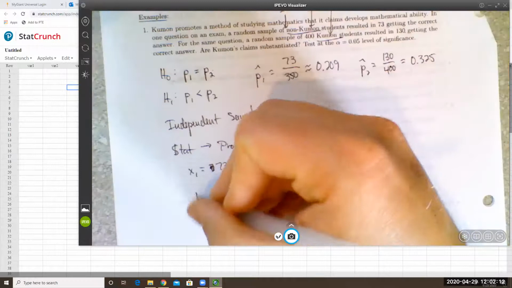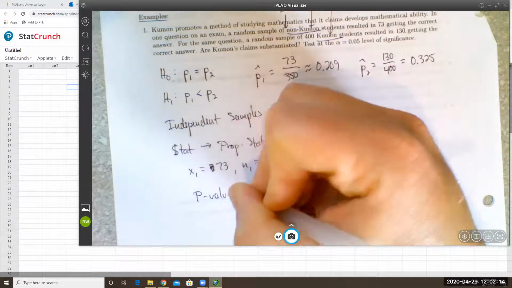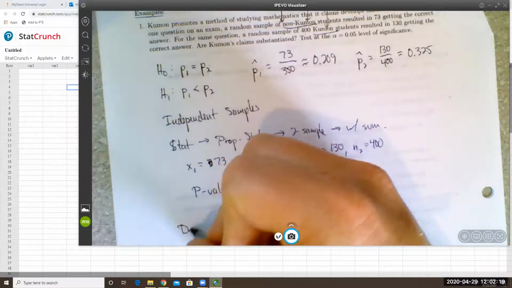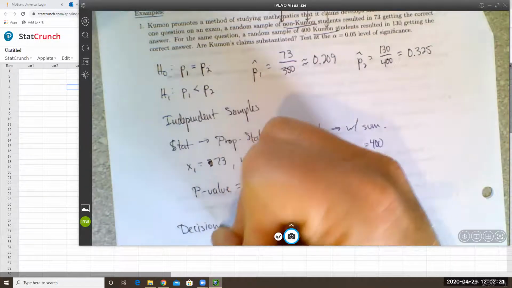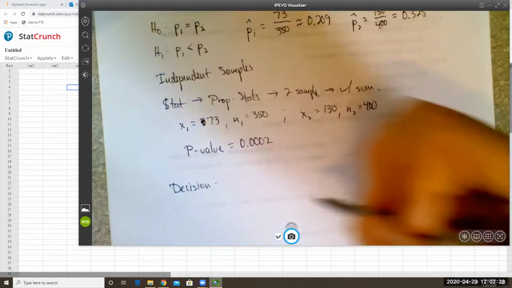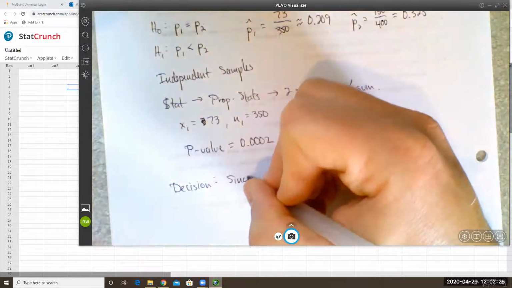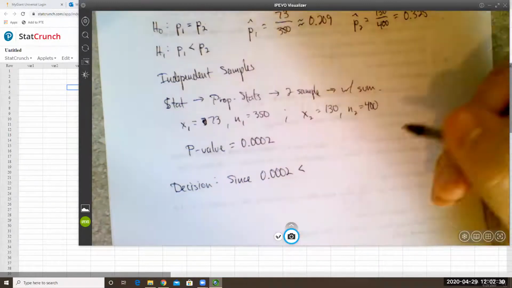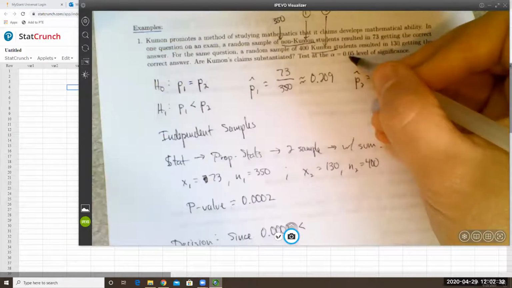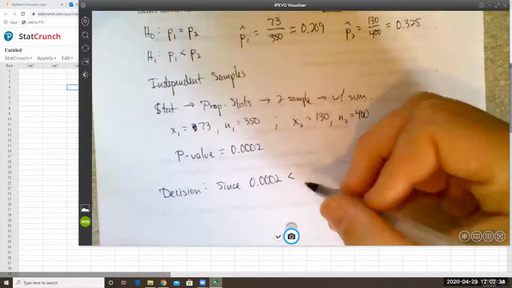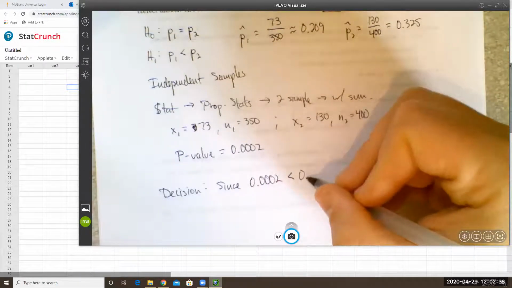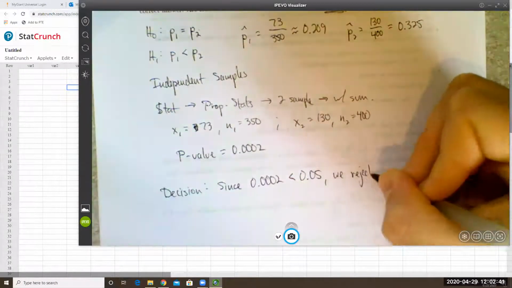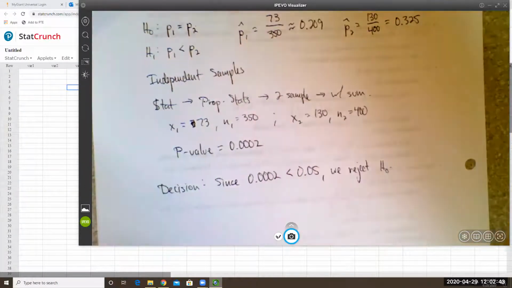Our p-value was 0.0002. Since 0.0002 is less than, what was our level? Oh, it was 0.05. So since 0.0002 is less than 0.05, we reject the null hypothesis.